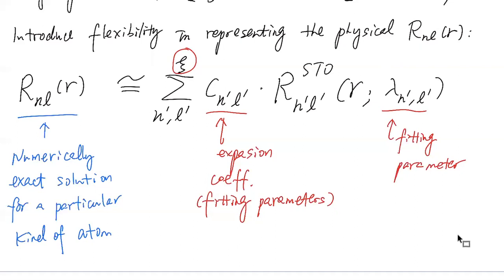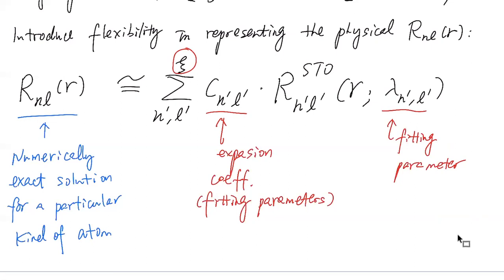But maybe the result will not be too good, especially if you want to approximate a quite complicated radial distribution, for instance for a transition metal atom, which is pretty complicated. If you are willing to use 3 terms, you can get something, but maybe it's not the optimal case.